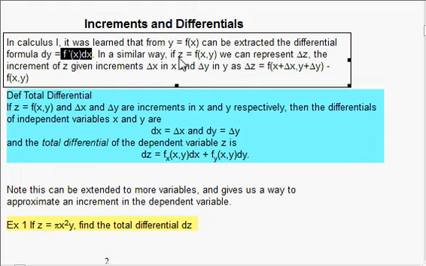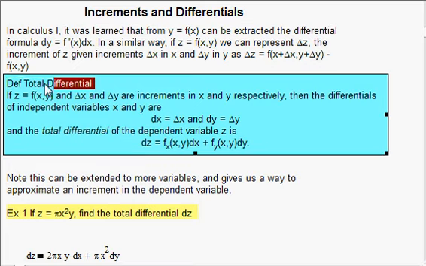But similarly, if z is a function of x and y, we can represent delta z, the increment of z given increments delta x in x and delta y in y, as delta z equals f of x plus delta x, y plus delta y, minus f of x, y. In other words, the slight change in z when x and y change by slight amounts also.